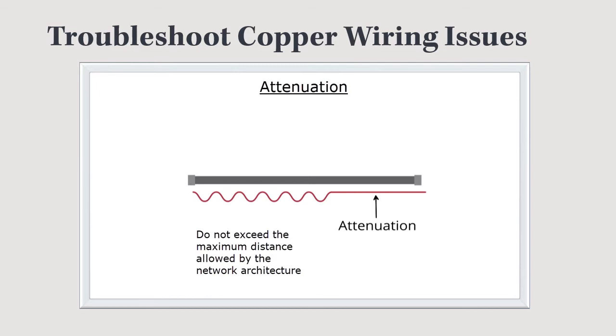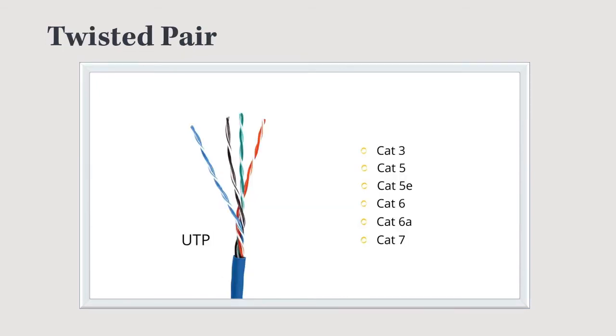However, because it's not a perfect conductor, as the electricity flows through the wire, some of the power is being lost, and so there's only so far that we can send this electrical signal through the wire before it's diminished so much that we don't have enough to maintain a signal. That's what we call attenuation. That's typically why we have a maximum length on our cabling, because it has a lot to do with the attenuation across that wire.